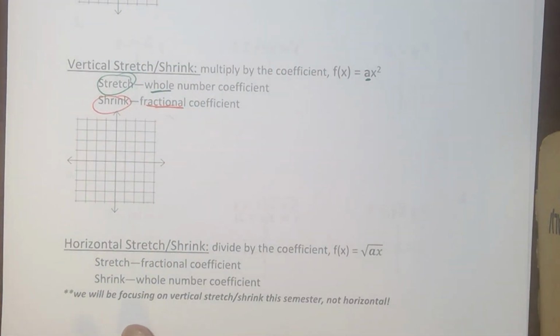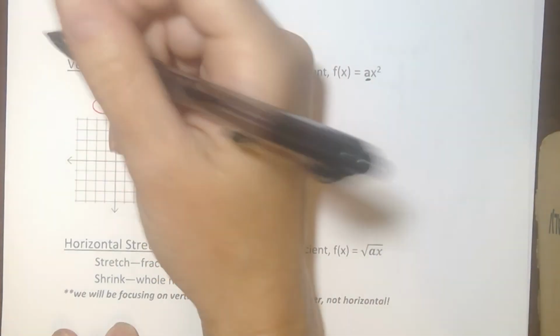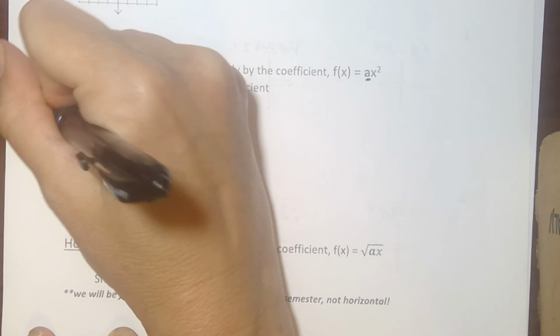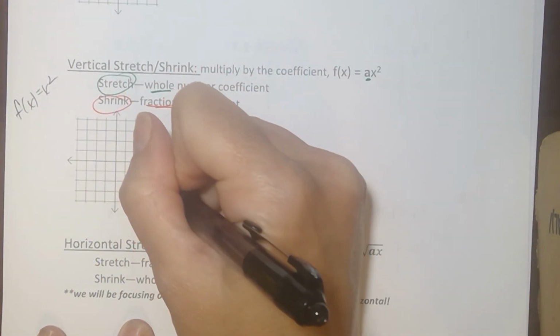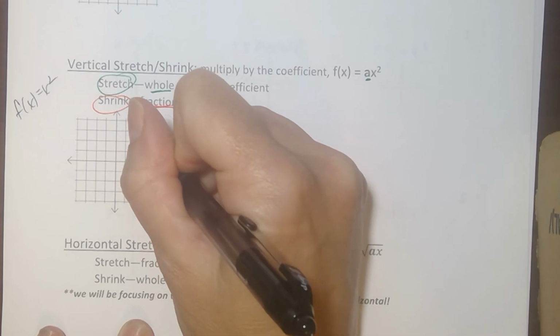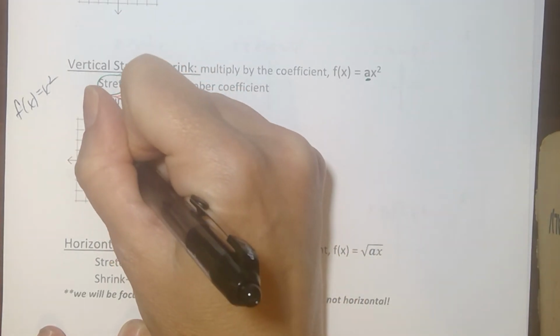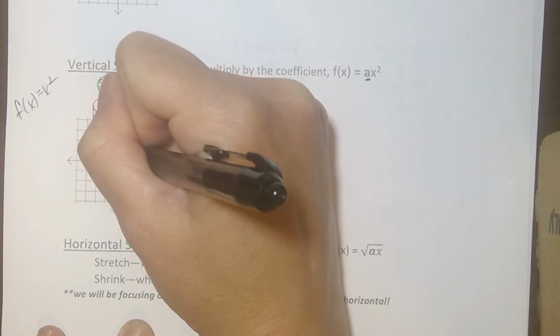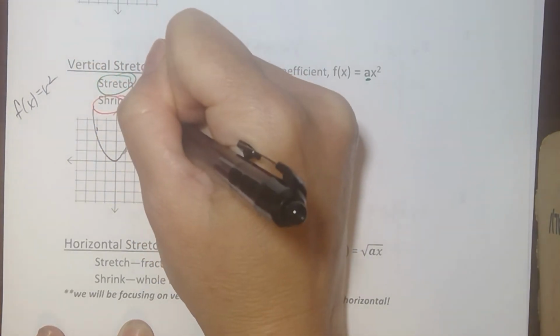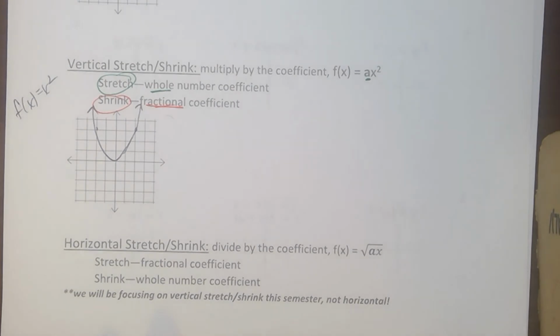So if we have our parent function f of x equals x squared, quadratic function, 2 squared is 4. Negative 2 squared is 4. This is the width and shape of my parent quadratic function right there.